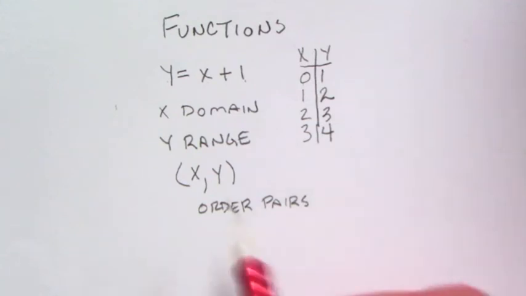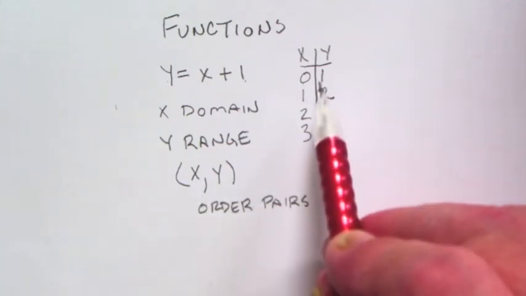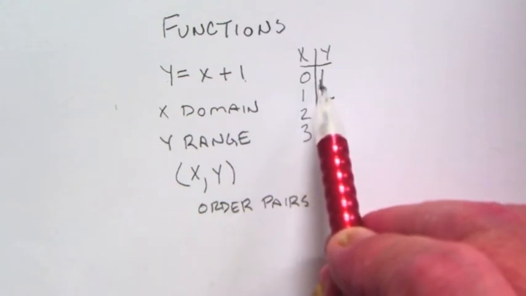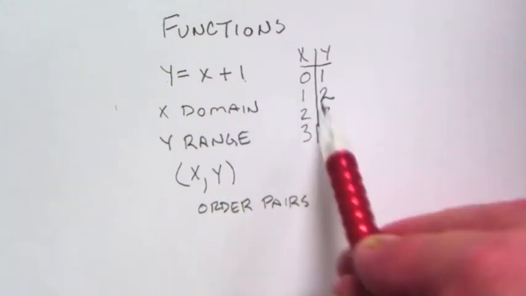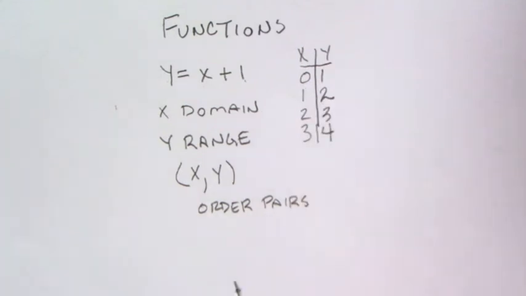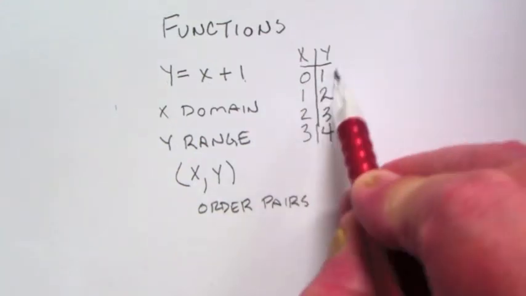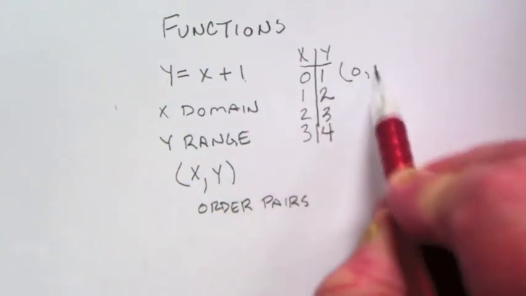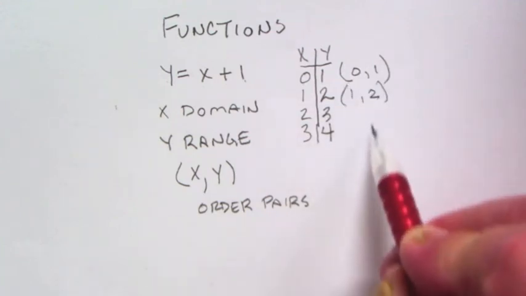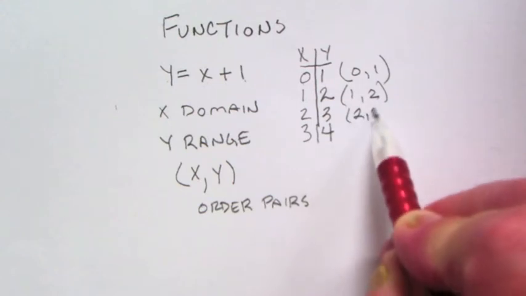Now, a function is a rule that states that if I ever plug in 0, I'll only get 1. I can't ever plug in a 0 and get another value, or it's not a function. We're going to clarify that a little bit. As you can tell, these are all ordered pairs: 0, 1; 1, 2; 2, 3.